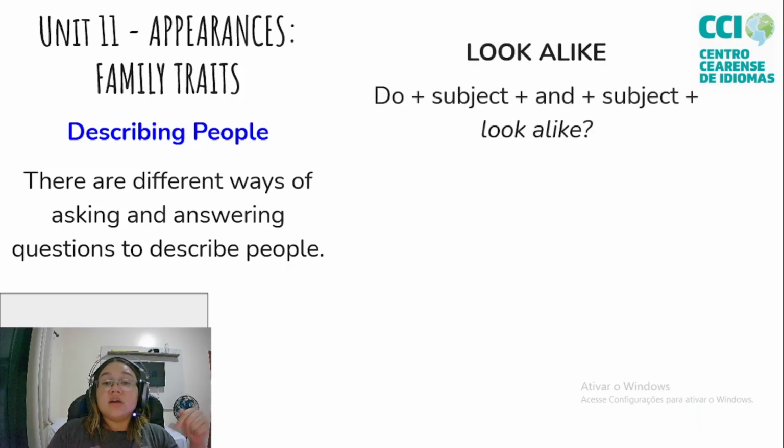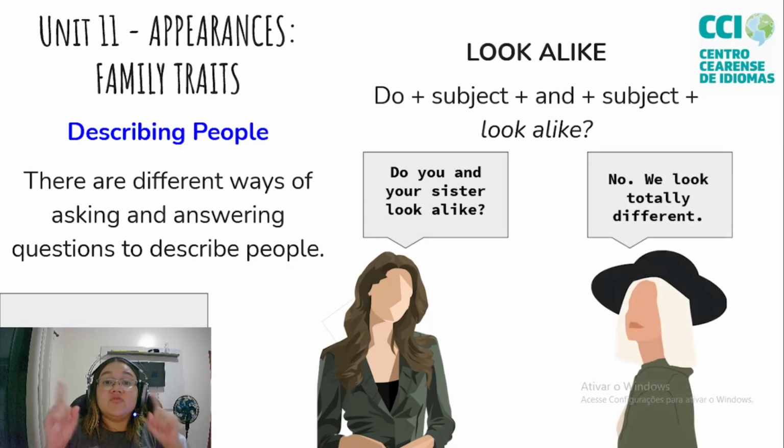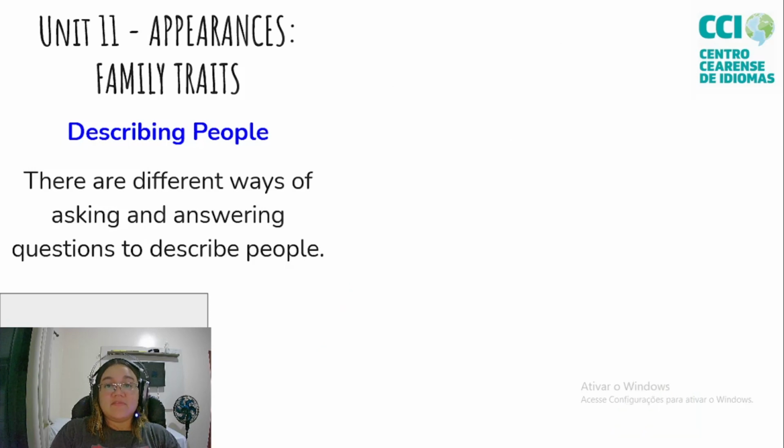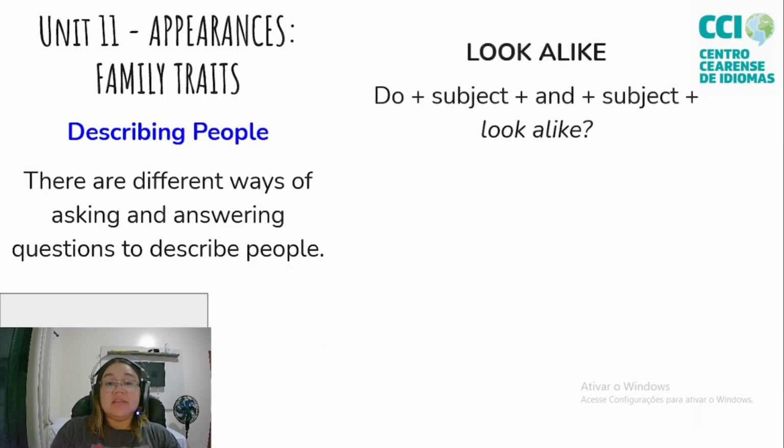And look alike is to know if two people look similar. So another way of asking the same information is by using the structure look alike. Please pay attention that it's not the same. It's not look like. It's look alike.